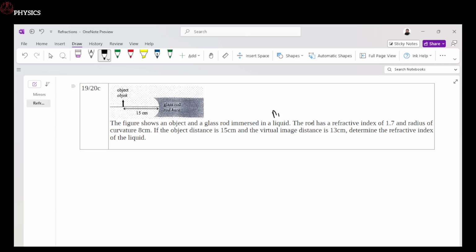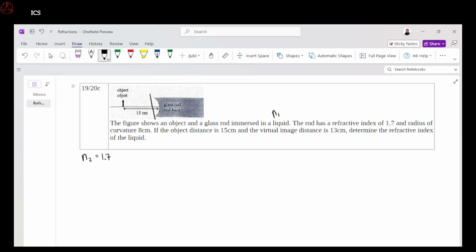The rod has a refractive index of 1.7. We look at the picture and ask, is the object in the glass rod? It is not. Therefore, I will say that N2 is equal to 1.7. It continues saying that the radius of curvature is 8 centimeters.